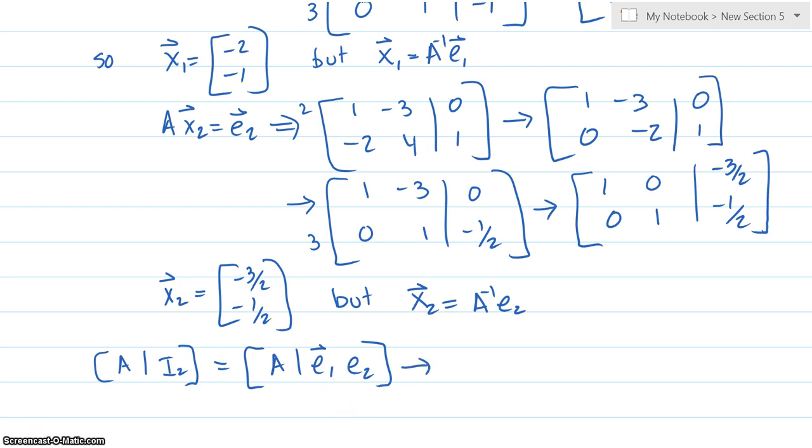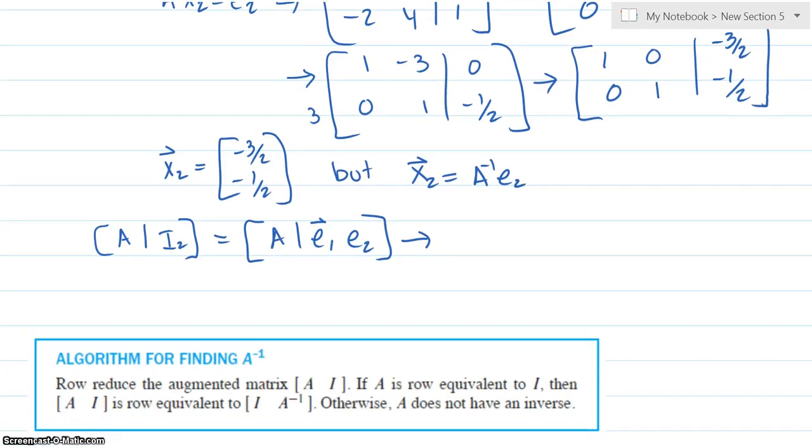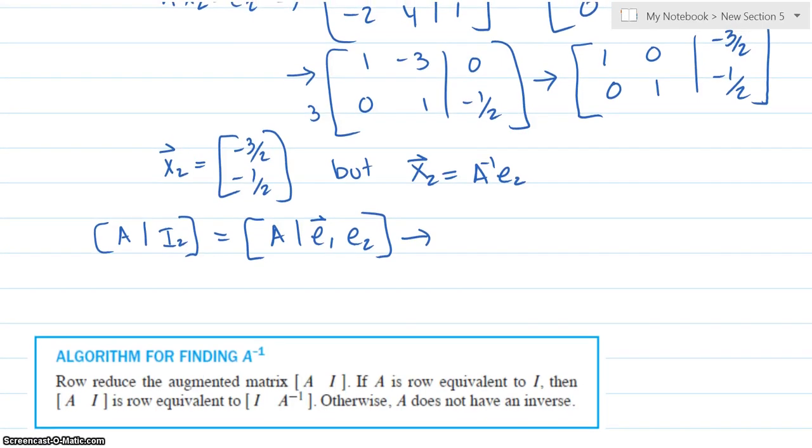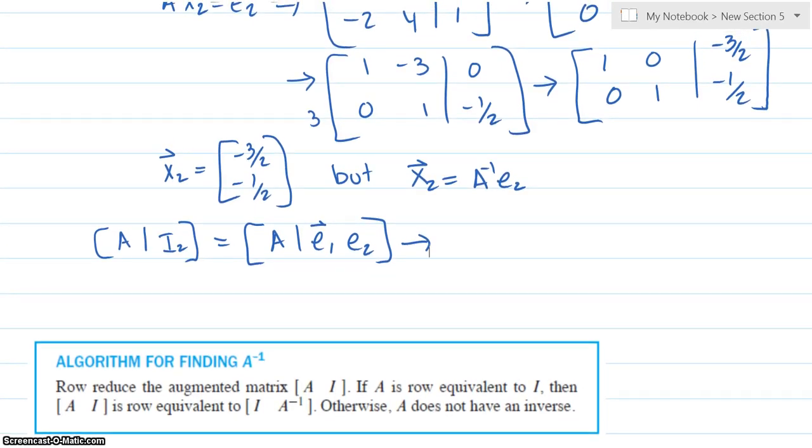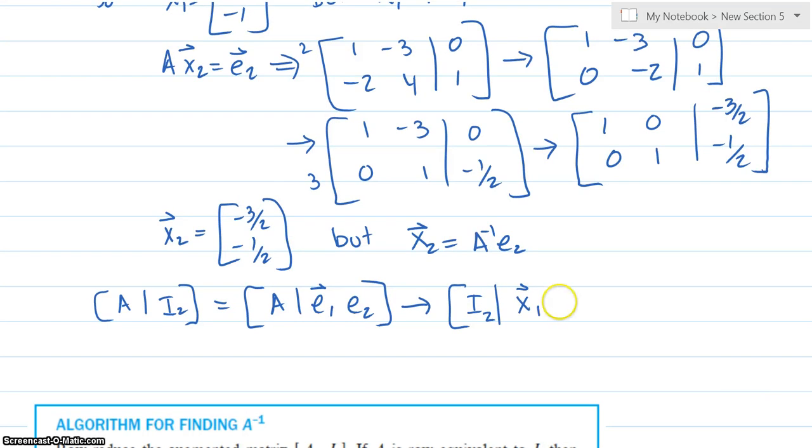And we're going to have an algorithm, here it is down here, that says that if you change this to an I, we'll call it I2 in our case, then what you're going to have is an x1. We found that column to be x1, and the next one was x2.